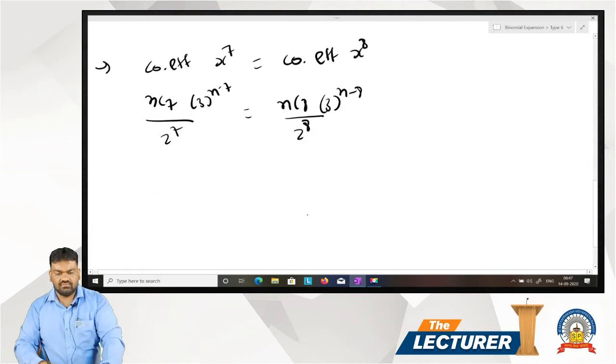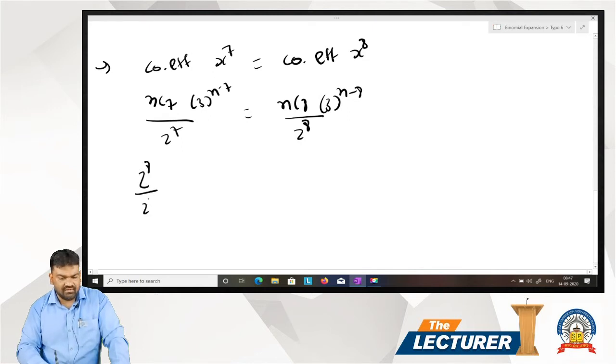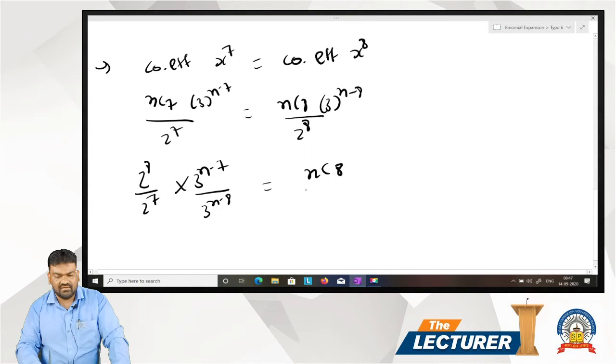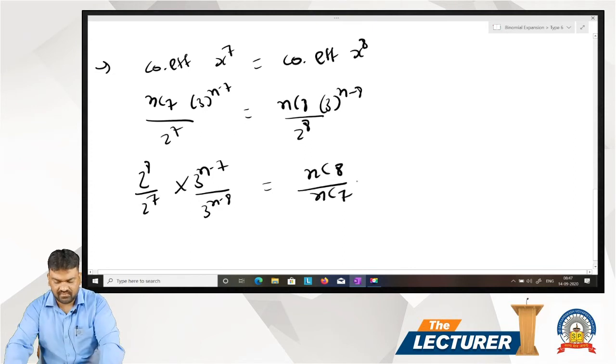Okay. So 2 raised to 8 divided by 2 raised to 7, times 3 raised to n minus 7 divided by 3 raised to n minus 8, is equal to nC8 divided by nC7.